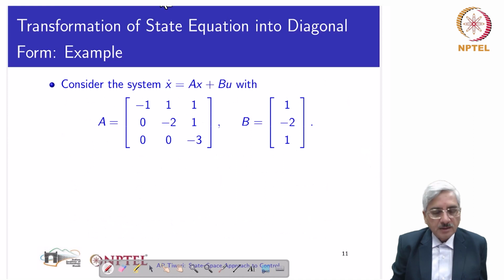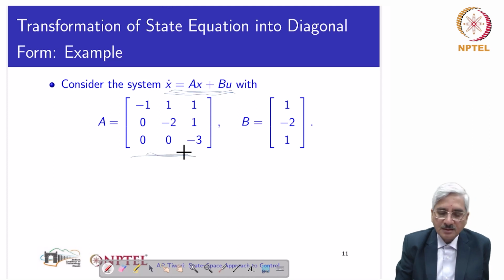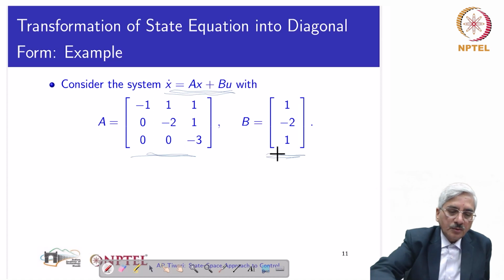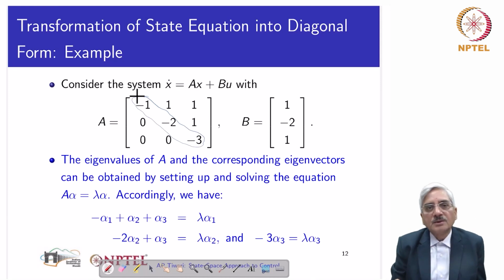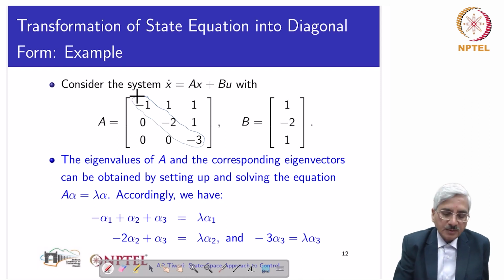We consider one example. Let x dot equal to Ax plus Bu have this A matrix as the system matrix and this input matrix. So what we do is, by inspection, you can see this matrix is in triangular form, so it can be easily seen that this system has the eigenvalues -1, -2, and -3.